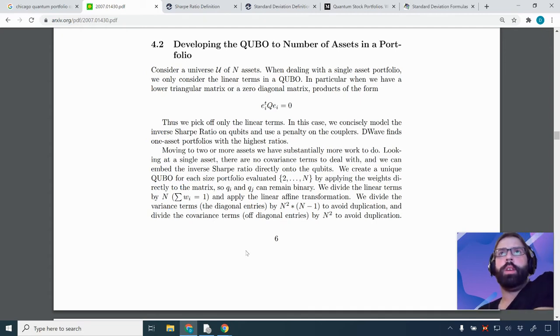When dealing with a single asset portfolio, we only consider the linear terms in a QUBO. In particular, when we have a lower triangular matrix or a zero diagonal matrix, products of the form. But as we pick off only the linear terms in this case, we concisely model the inverse Sharpe ratio on qubits and use a penalty on the couplers.